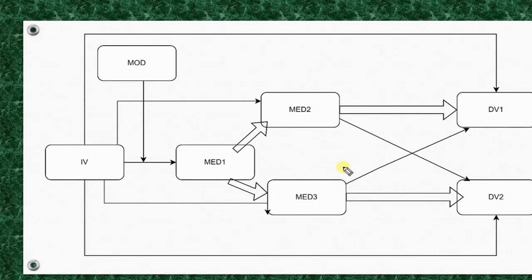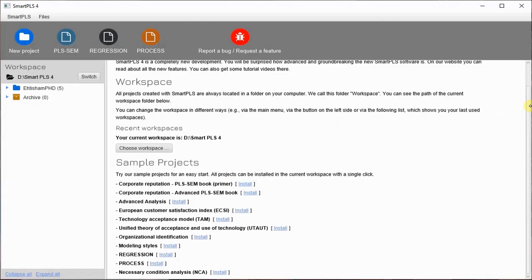So first of all, as per my model, we are here again in the new environment of SmartPLS 4. Prior to setting up our new model, we have to start by setting up our folder where we can do analysis. Our analysis will be saved there for our future use.